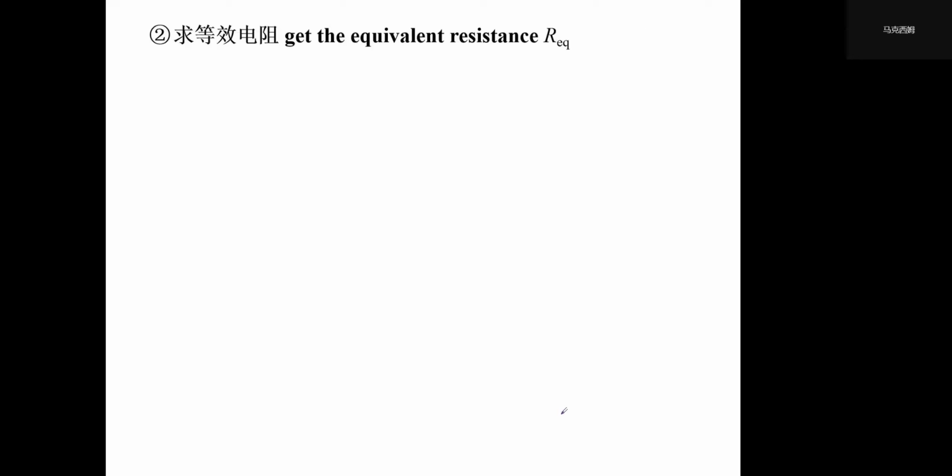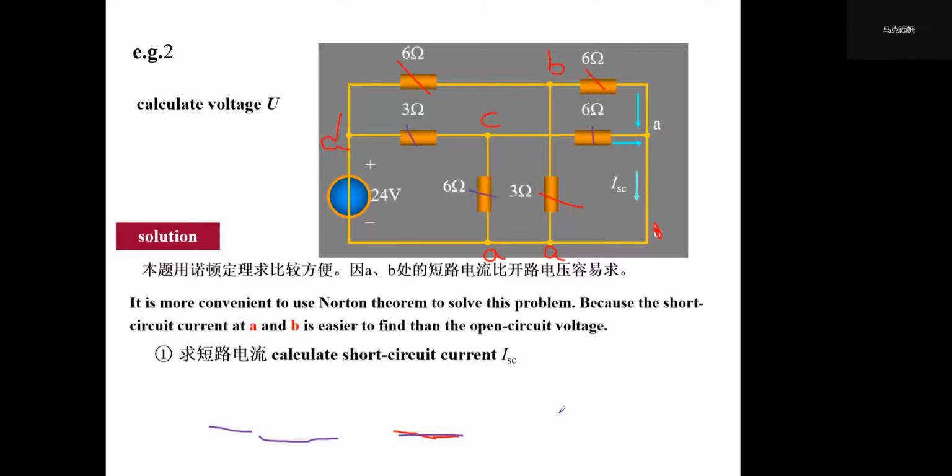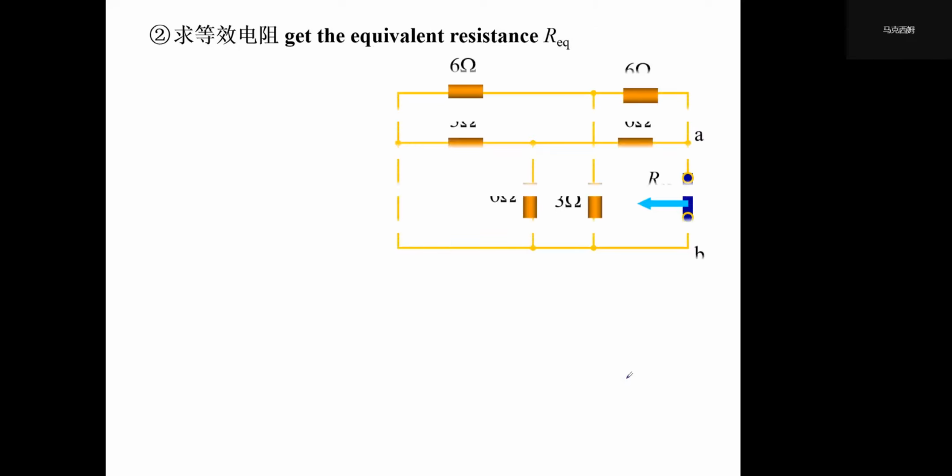We should get the equivalent resistance. So now we can just cut off the source, and bypass it with a wire, right? So still, we have to remember this point is B, this point is B, right?